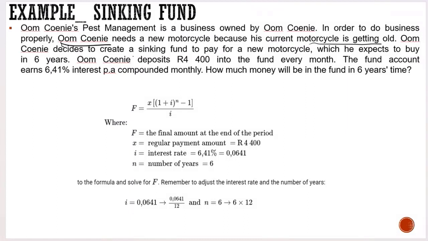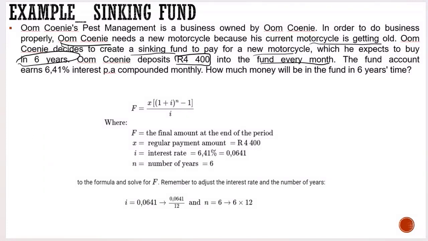He decides to create a sinking fund to pay for the new motorcycle, which he expects to buy in 6 years. Your T is equal to 6, and then he deposits 4,400. These are your regular payments into a fund every month. These are the number of compounding periods, guys. So it's every month, so your M here is equal to 12.